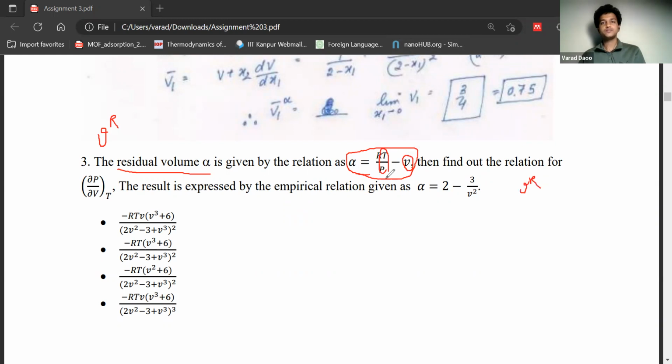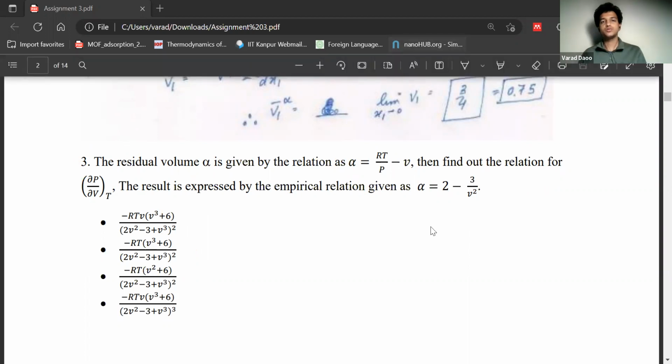If you remember the definition of VR and then connect it with this and take the partial derivative of pressure with respect to volume at constant temperature, you will be able to obtain it. I'll give you 2 minutes. I hope the question is clear. You can start solving the question. After 2 minutes, I will give the solution.